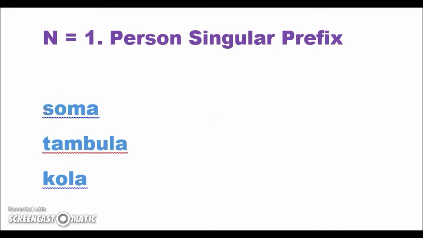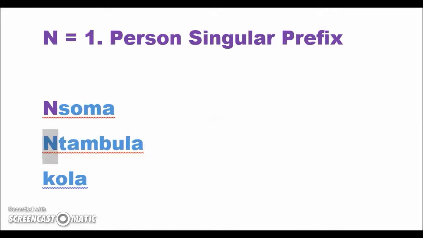Now let's do it. Okusoma, to read, for I read becomes nsoma. Okutambula, to walk, for I walk becomes ntambula, and I work becomes nkola.